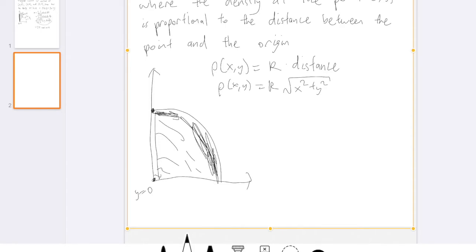So let's solve for that. x squared plus y squared equals 9. So y squared equals 9 minus x squared, and y equals square root of 9 minus x squared. So it's going to go up to square root of 9 minus x squared.